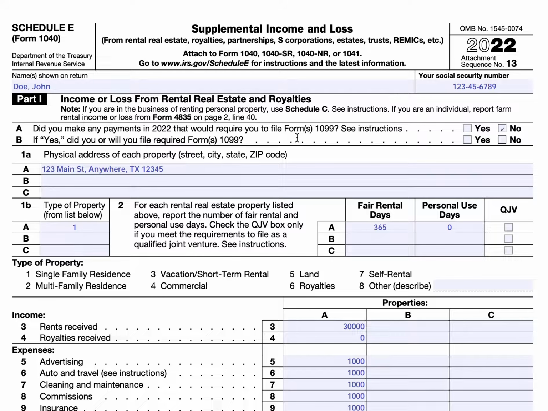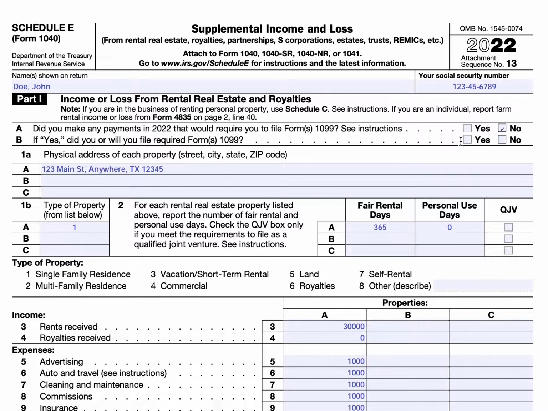But if you do have to file 1099, then the answer to question B is pretty obvious. If you did have to file Form 1099, the only correct answer in this situation is yes. Otherwise, you can feel free to discuss that with your IRS examiner when they inevitably ask you why you would not file a required tax form.